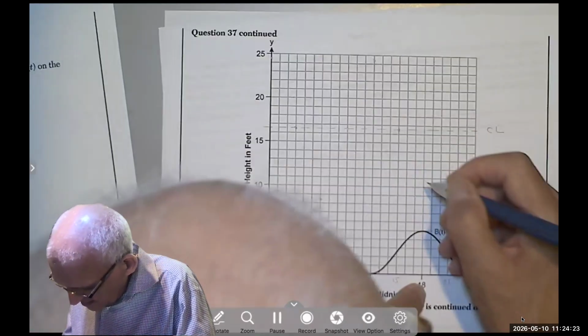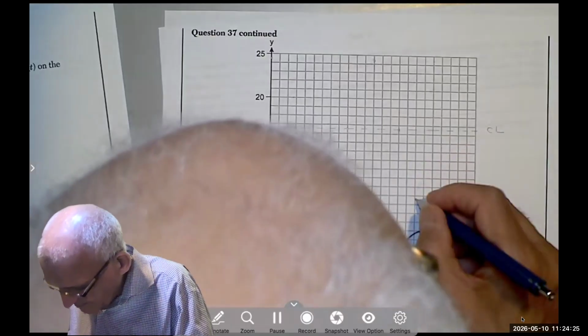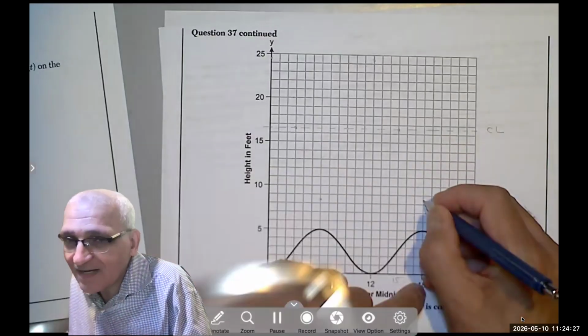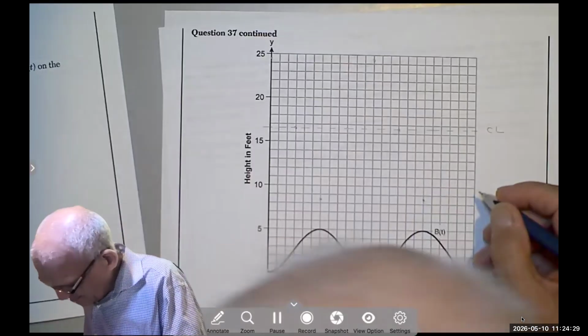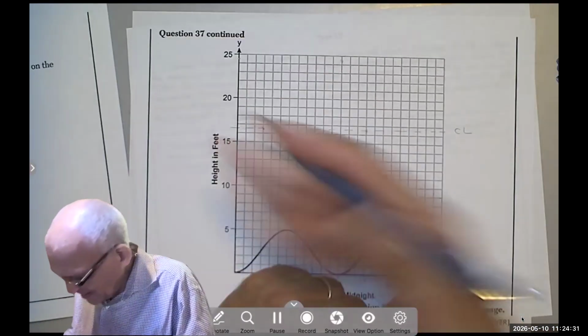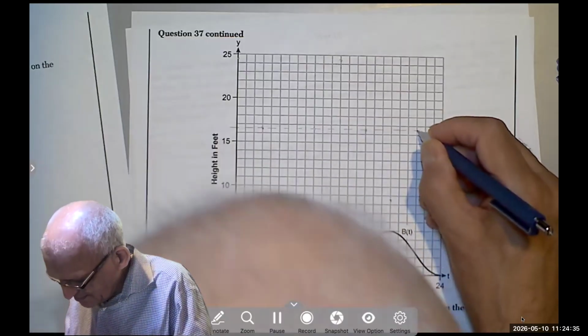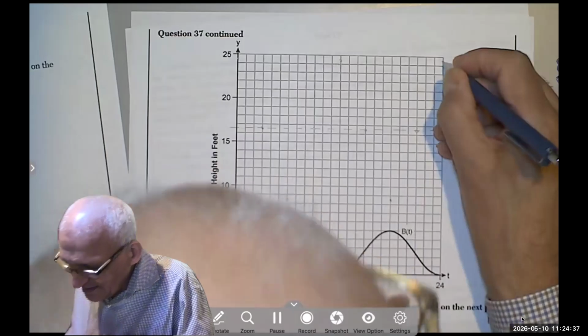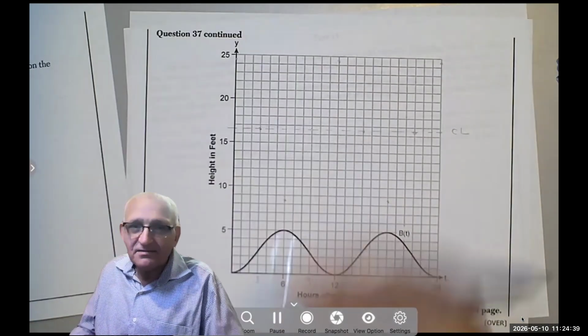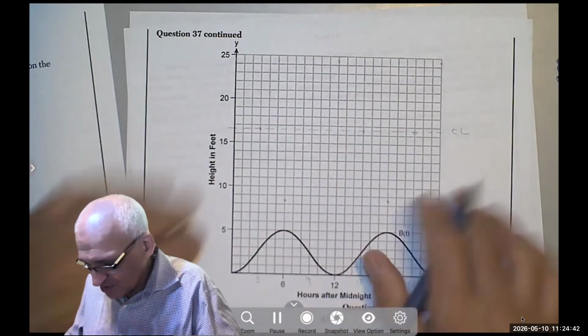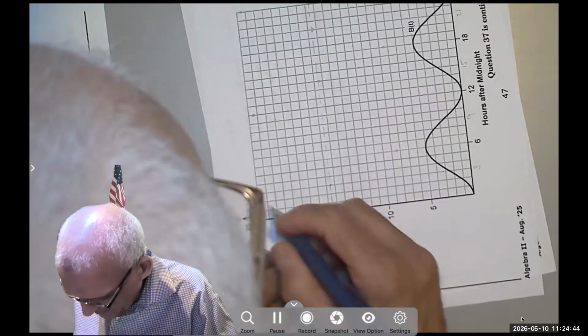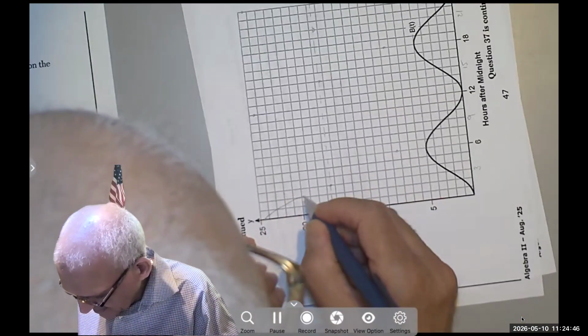At 18, back to the minimum. Horrible, I know. Just to break the ice, you have a test coming, so just cheer up. And you get someone other than me to draw it because I'm horrible at drawing. But you will get something that looks like that.